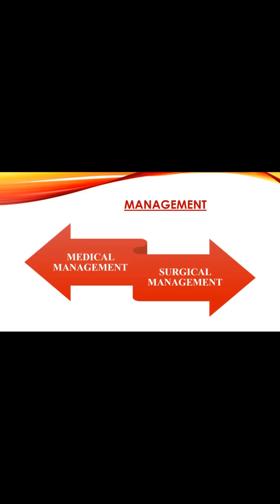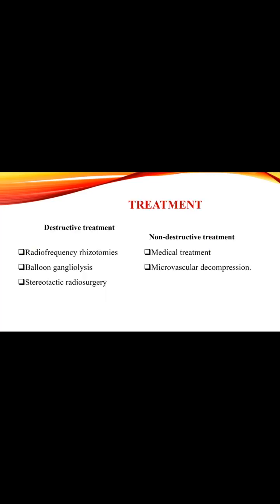Next, we'll be discussing the management. Both medical as well as surgical management are available in patients with trigeminal neuralgia. The treatment is broadly classified into two forms: destructive treatment and non-destructive treatment. The destructive treatment includes radiofrequency rhizotomies, balloon gangliolysis, and stereotactic radiosurgeries.